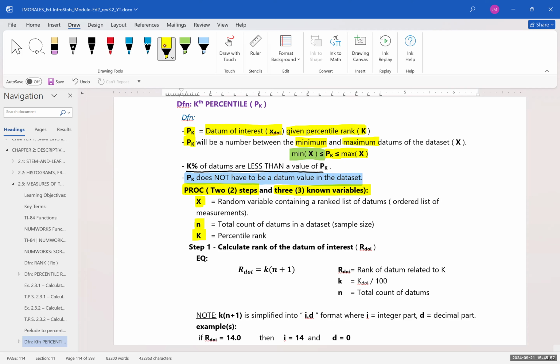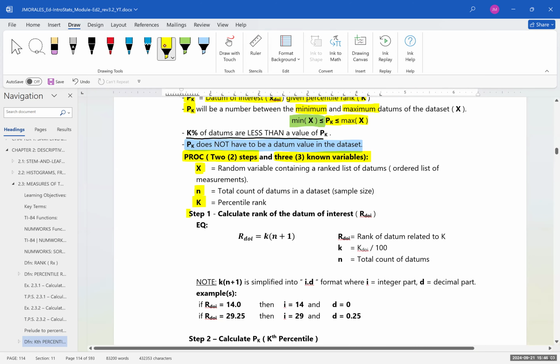And you're also going to know what the percentile rank is. So step one is to calculate the rank of the datum of interest. So the rank for the datum of interest is going to be equal to this lowercase k times n plus 1.